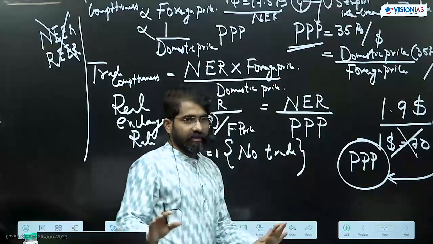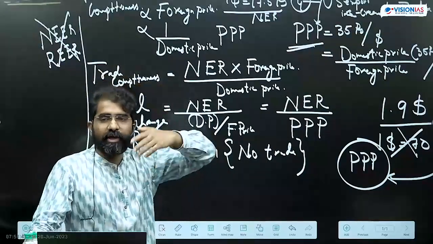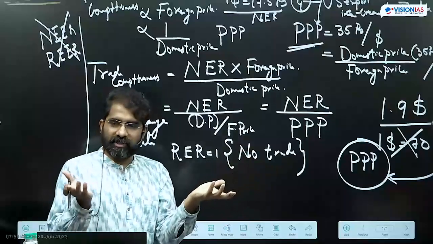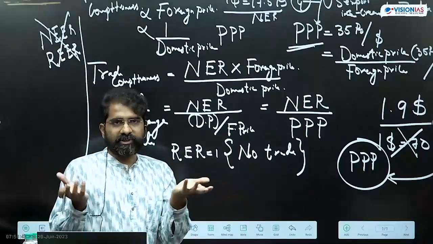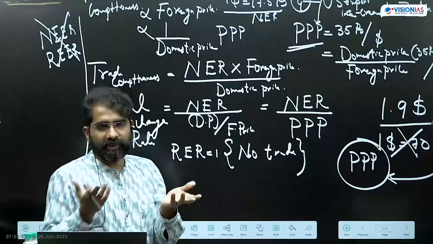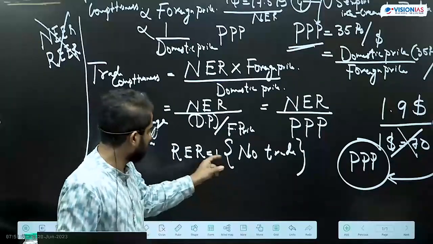Why? With ice cream at 35 rupees and $1 also 35, there is no point in buying from India. With that $1, they'll buy ice cream in US only. So there's no question of import and export in this case. No import, no export. No trade.